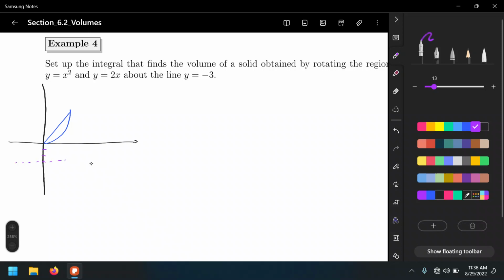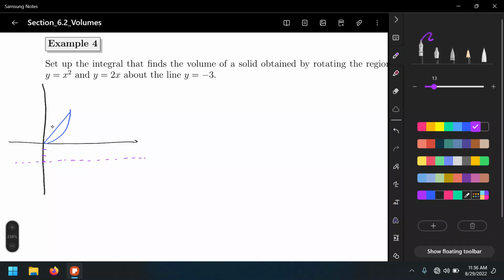Let me represent the axis of rotation with this dashed line. So when we rotate this solid, on the other side of the axis of rotation, this picture has to be mirrored. And it's mirrored not only in shape, in an opposite direction, but also in the distance between that axis of revolution and the region.